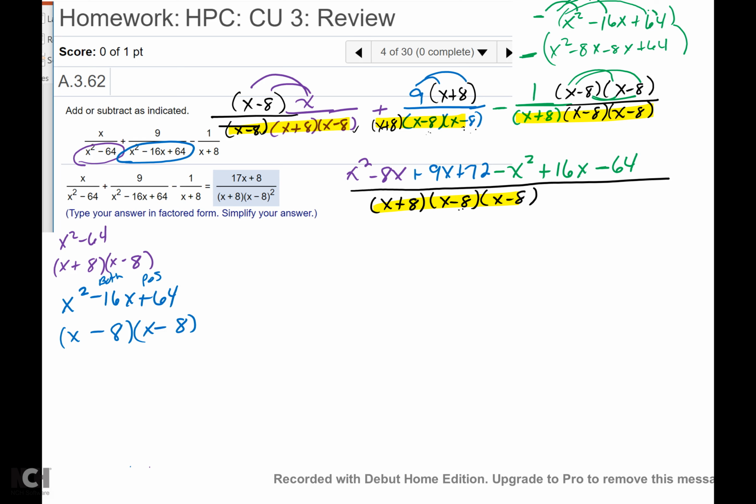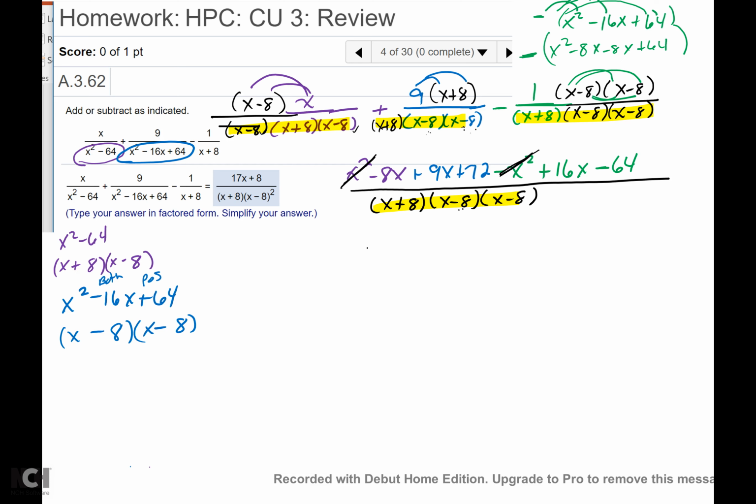Okay? So now on top, we're going to combine like terms. This x squared cancels this x squared. And let's see, I have a negative 8x plus 9x plus 16x. So if I do negative 8 plus 9 plus 16, I get 17.